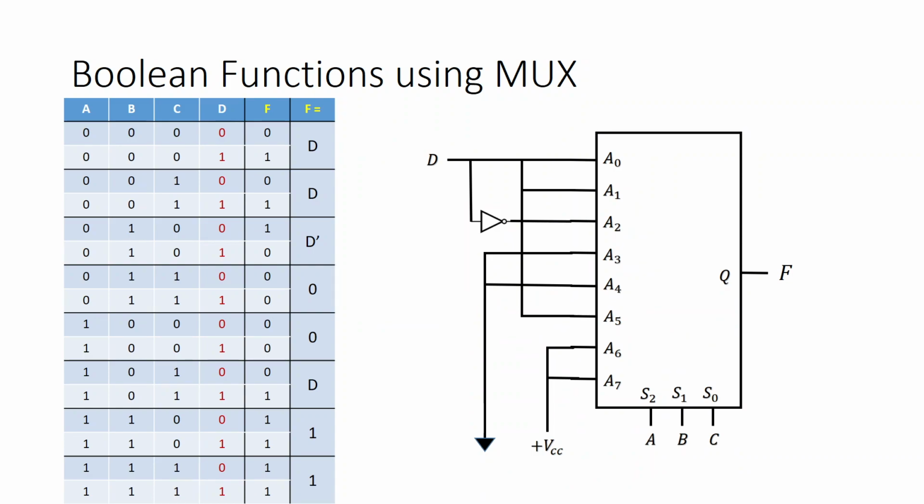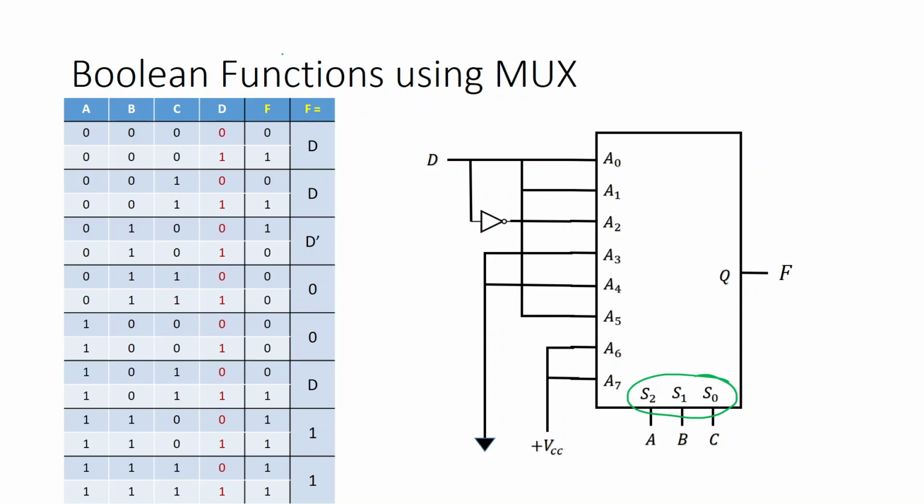Now, sometimes we can use a lower order mux also in order to form Boolean functions. So here you see in the truth table we have 4 inputs. However, we are using a mux which has 3 selection inputs. So what to do?